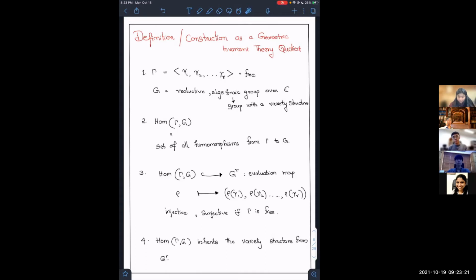So in this case, they are actually bijective. Hom is bijective to G^r, and since G^r has a variety structure, Hom(gamma, G) inherits a variety structure from G^r.